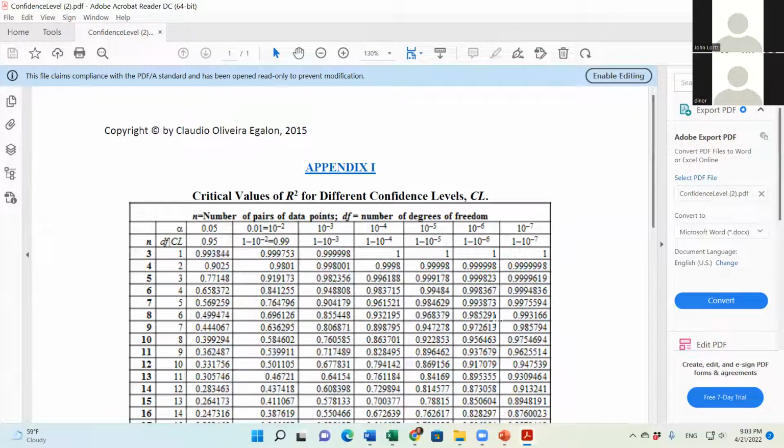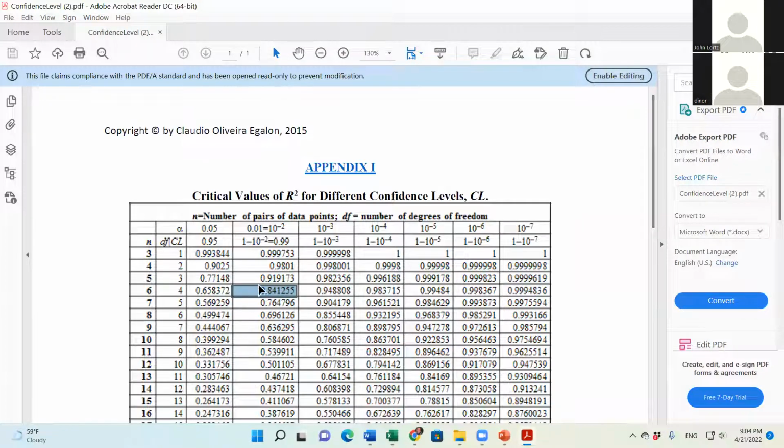Suppose you're running an experiment and you got an R squared that was exactly 0.841255. Very rarely would that happen.